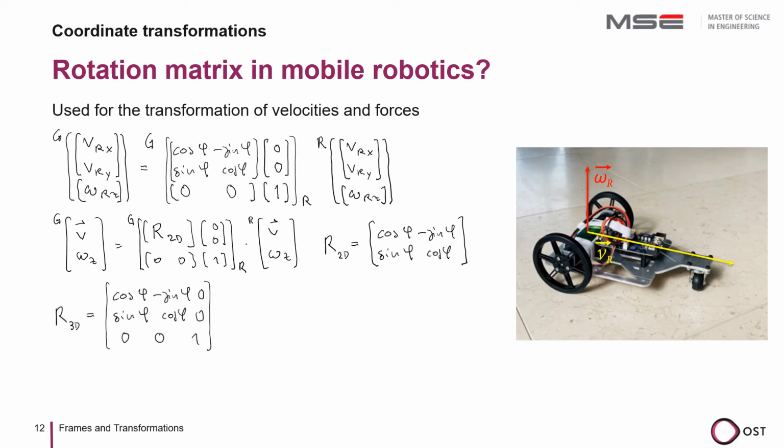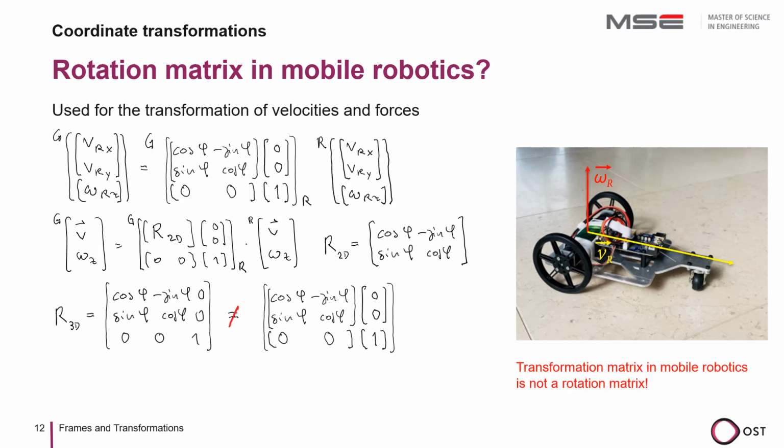The cells of a 3D rotation matrix for rotation around Z are identical with the cells of the found transformation matrix for mobile robots. But attention, it is not one rotation matrix, but two, which were combined for a special case. If one leaves the planar description, one must transform speed and rotation speed with separate three-dimensional rotation matrices.